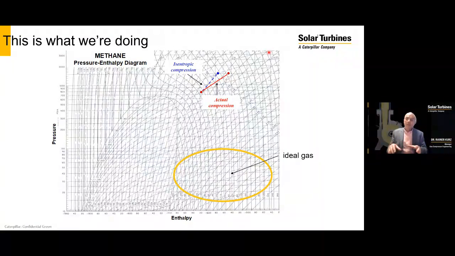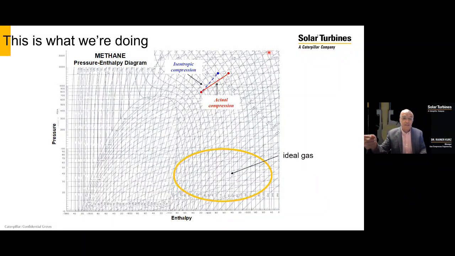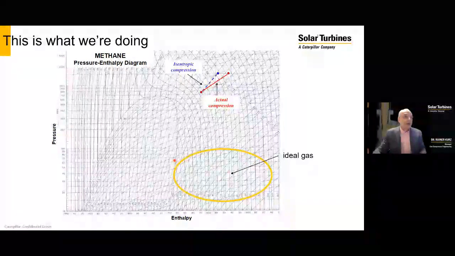So basically, as soon as I know any two of these, pressure and temperature for example, and I know what gas I'm dealing with, then I can calculate enthalpies, entropies and densities. As you can see, this is a Mollier diagram for methane.